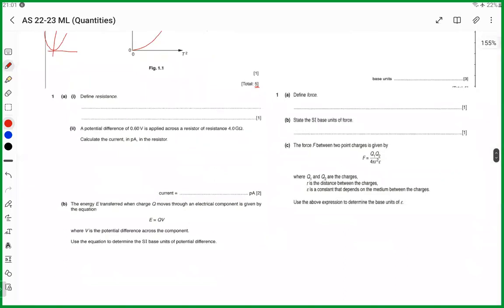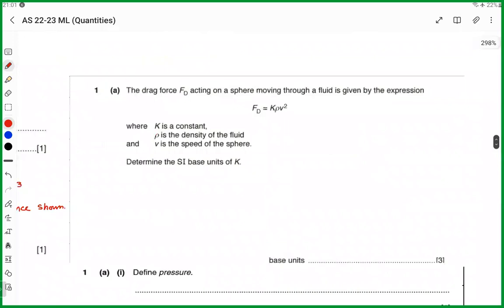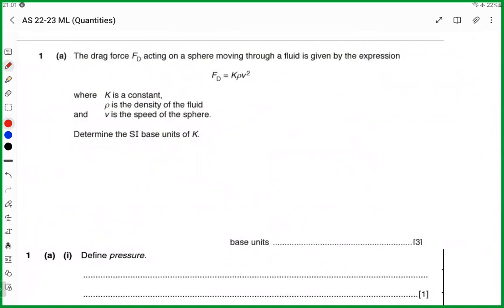The next question I sent was this one. The drag force, whatever force is, it is a force. So remember, it must be measured in newtons. Acting on the sphere moving through the fluid is given by the expression Fd equals K rho V square.